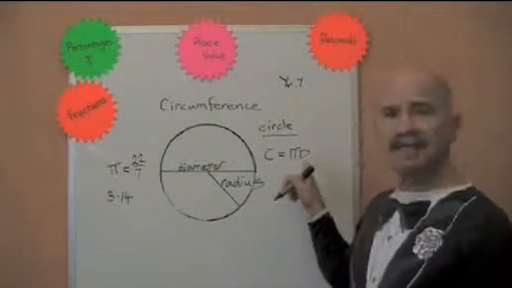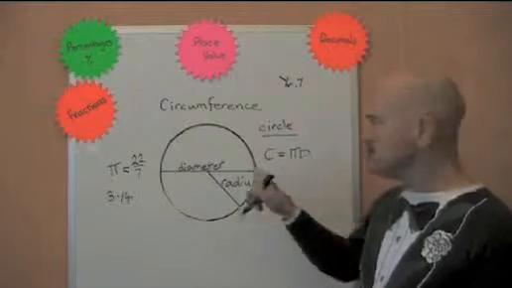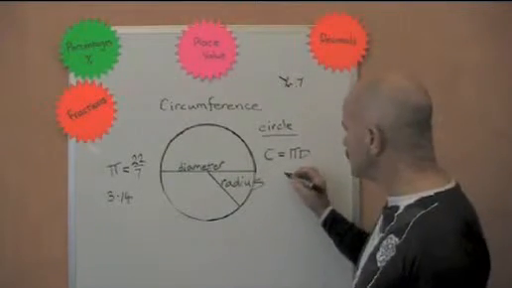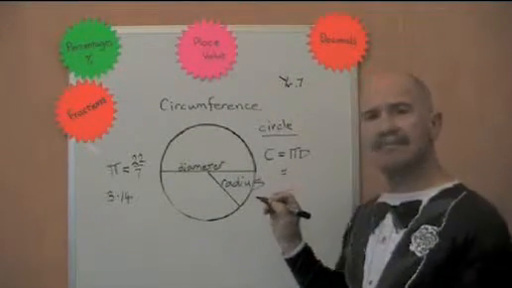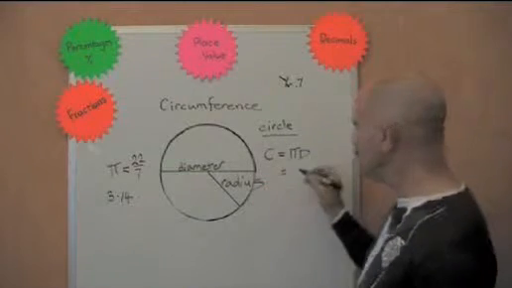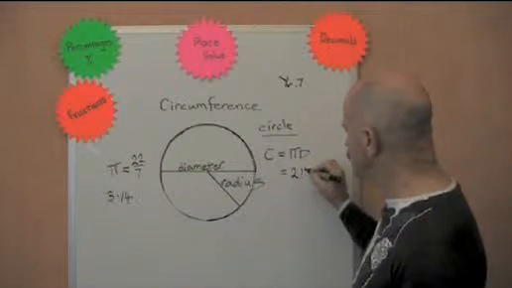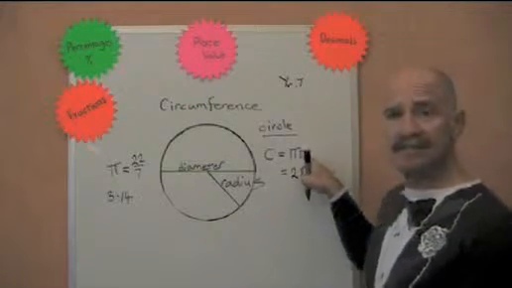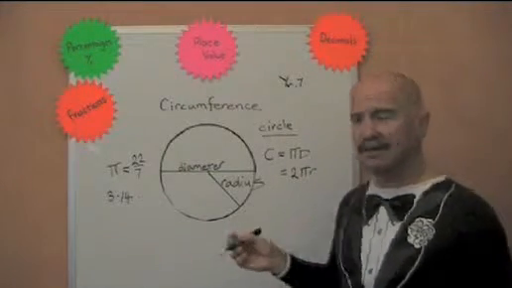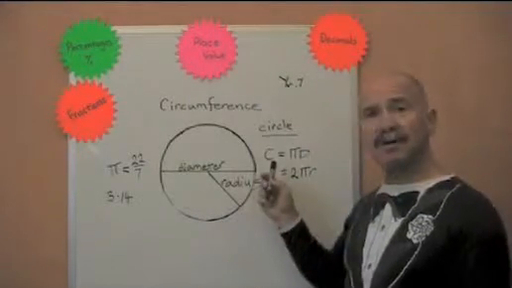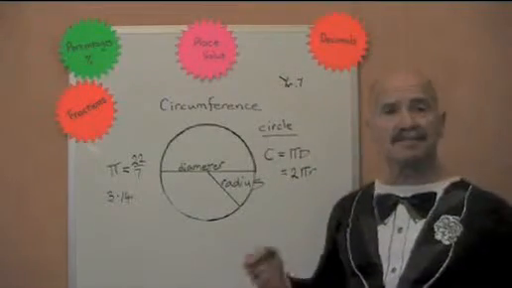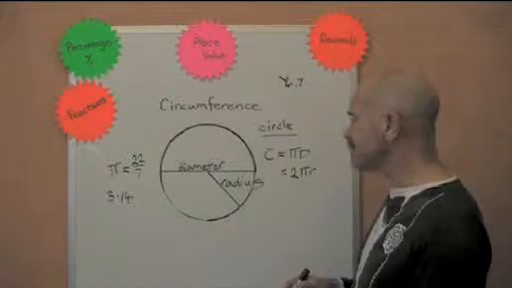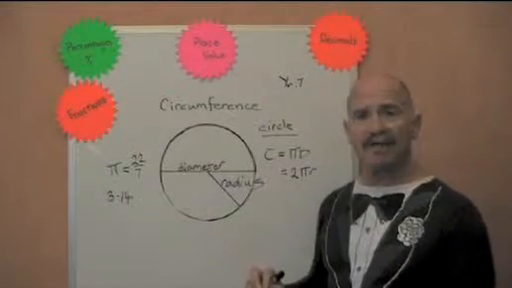And because D is twice the radius, there are 2 of them, if they give you the radius in a problem, we can use this one, which is 2 pi r. Two r's make the D. So you can use either one if you like. If you're given the diameter, might as well use pi d. If you're given the radius, 2 pi r. So that's how you work it out.